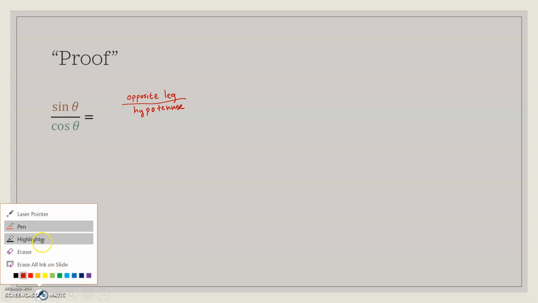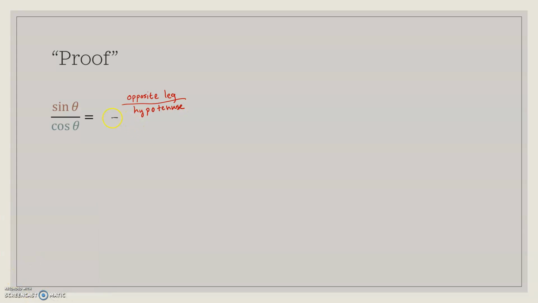And then we're going to divide that by cosine. Cosine is the adjacent leg divided by the hypotenuse.